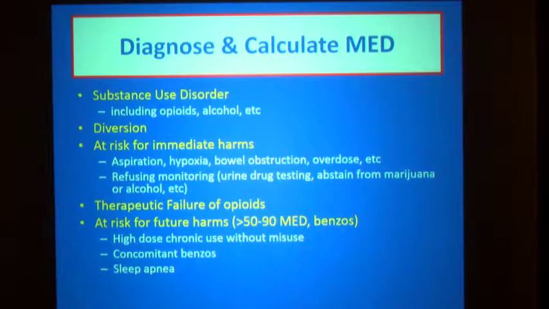It could be alcohol, stimulants, benzos, anything. So helping define what's going on here. You may not always be able to make it. It could just be a concern. But if you have concern for a substance use disorder, you need to name that and own it because that's going to determine the safety of your opioid prescription.